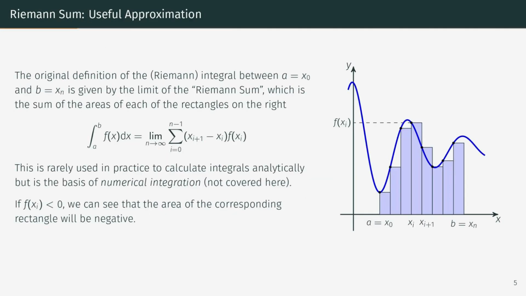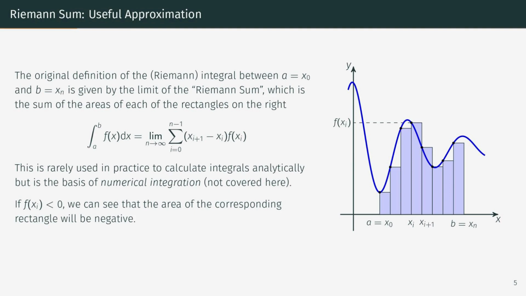The original definition of the Riemann integral between a equal to x naught and b equal to xn is given by the limit of the Riemann sum. This is the sum of the areas of each of the rectangles in the figure on the right.